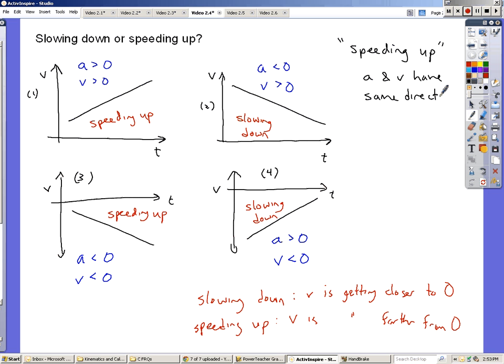They're both positive or they're both negative. Slowing down, on the other hand, A and V have opposite directions. Either in the case of graph 2, A is negative and V is positive, or in the case of graph 4, A is positive and V is negative. So just be careful with your use of language there.